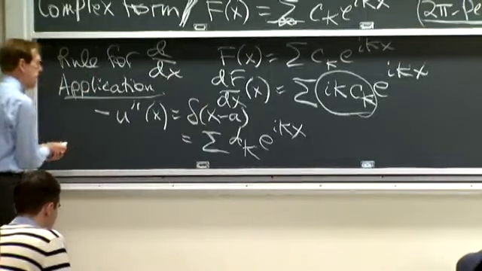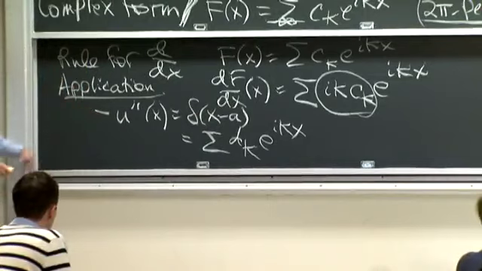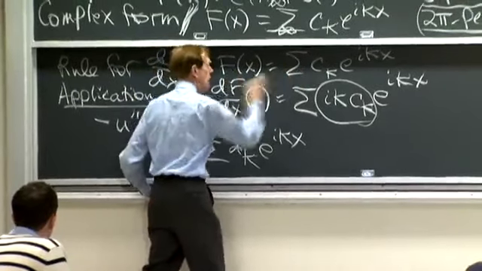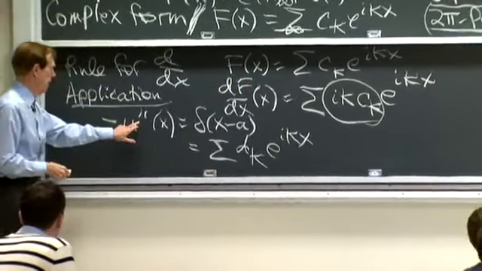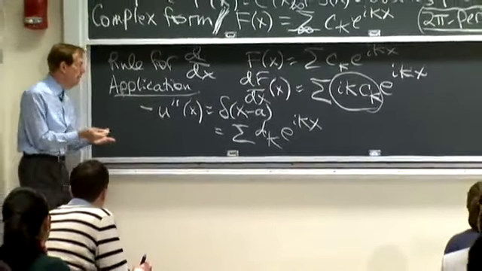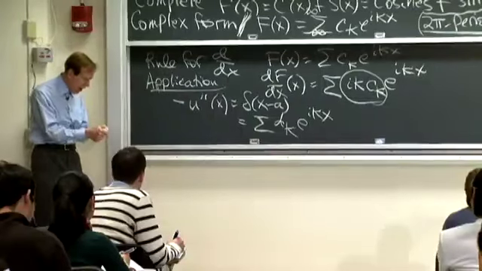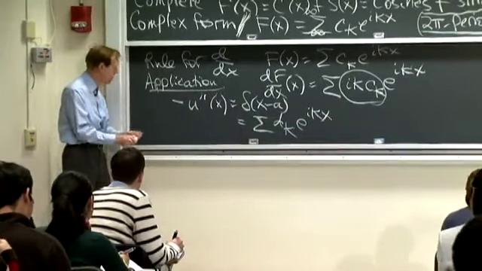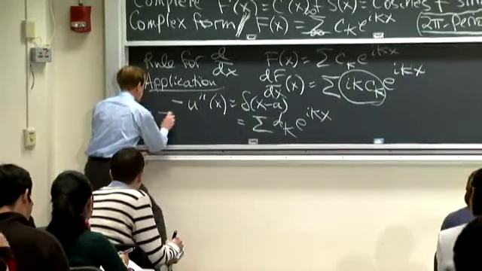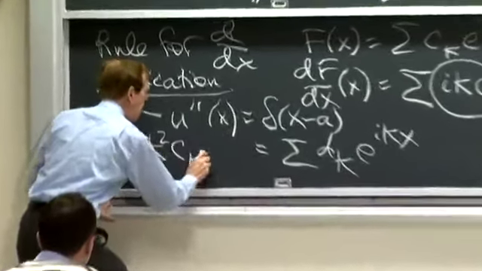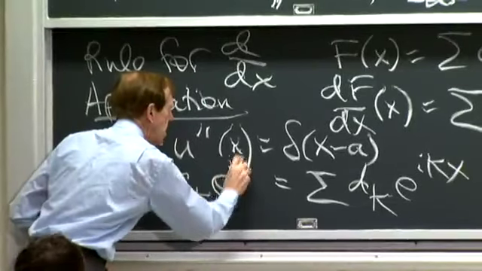And what about the left side? What are the coefficients? If the solution u has coefficients ck, then what happens to the second derivative? ik again, that's i squared k squared, the minus sign, so we would have the sum of k squared ck e to the ikx.